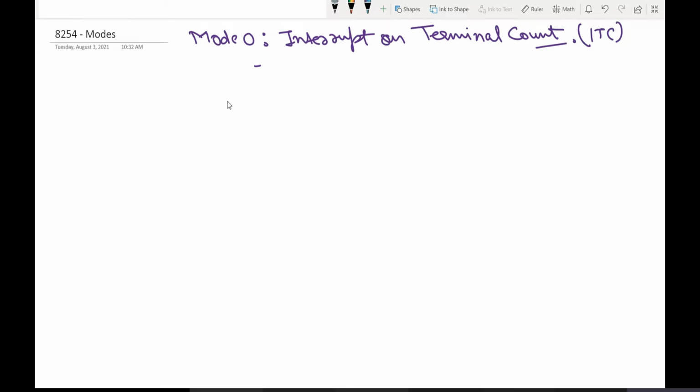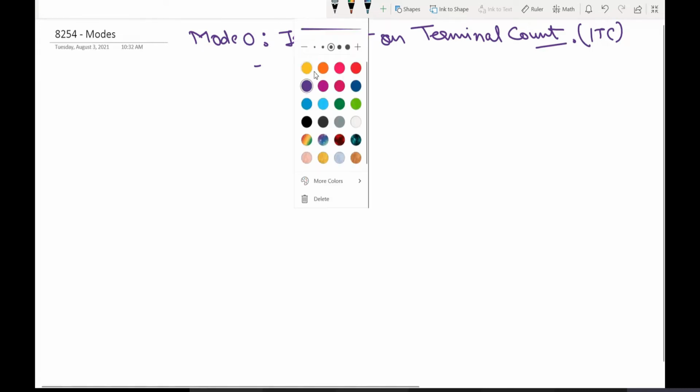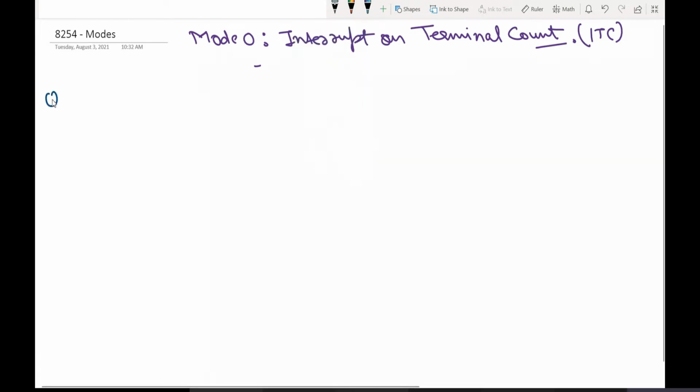In order to understand this mode, there are a few waveforms we need to draw. The first one I'm drawing, the rest we can follow with a similar phenomenon. The first thing which will always be connected is your clock. So the clock we can draw like this.